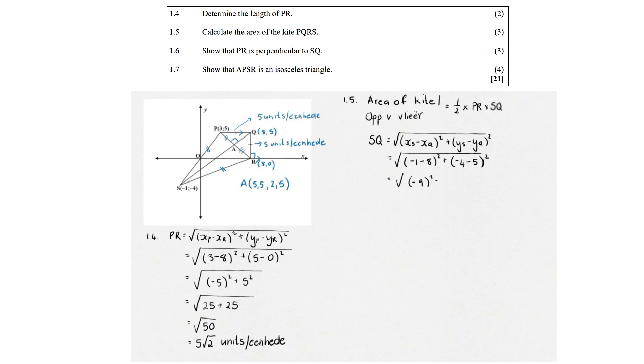This simplifies to the square root of negative 9 in brackets squared plus negative 9 in brackets squared. That's equal to the square root of 81 plus 81. That is equal to the square root of 162. And this simplifies to 9 square root 2 units.